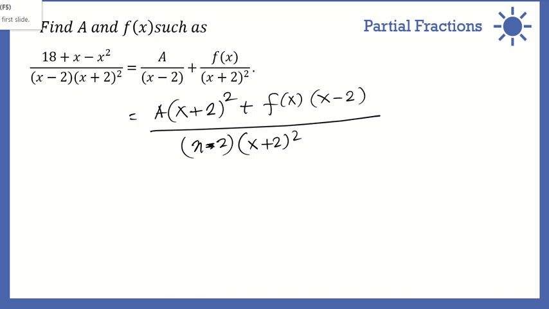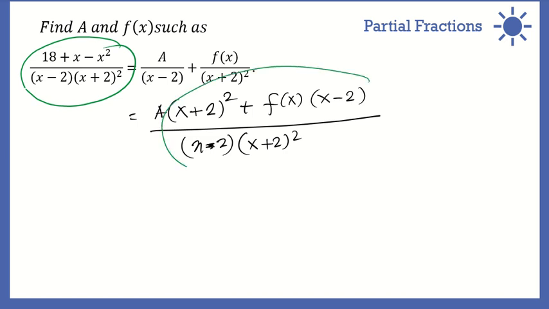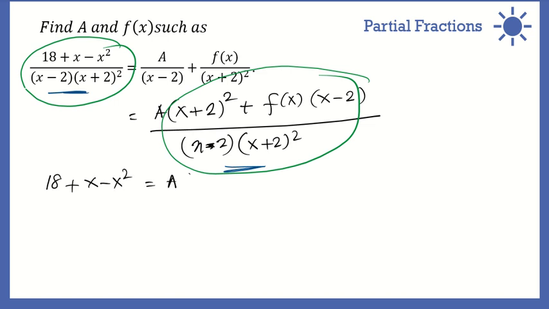When you compare this RHS with the LHS, the denominators are equal. Therefore 18 plus x minus x squared should be equal to A times x plus 2 squared plus f(x) times x minus 2.